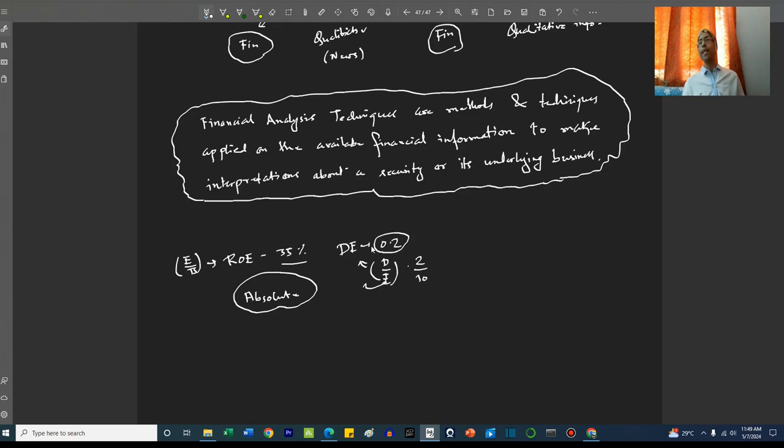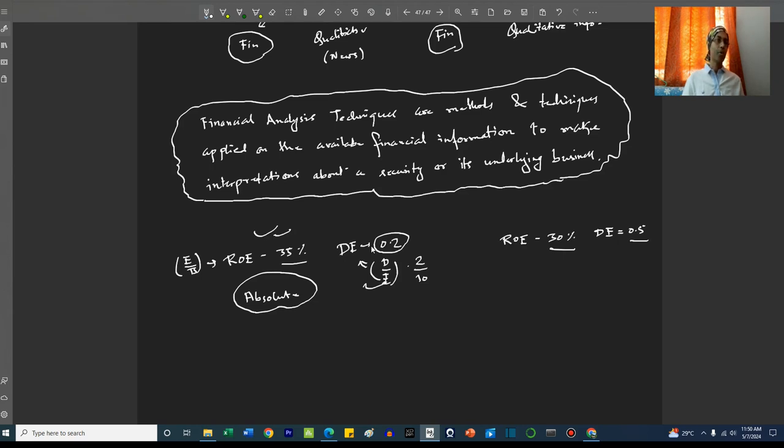Now, what is a relative analysis? Let's say there is another company we are comparing this to. So, the ROE of another company is 30% and its debt to equity ratio is 0.5. Obviously, if you compare this company with this one, the numbers of the first analyzed company look more attractive. This is also good.